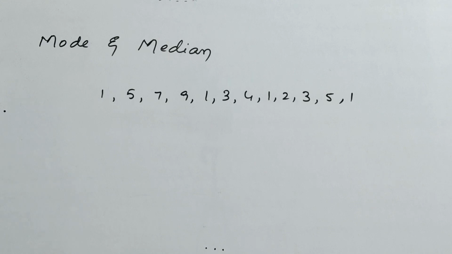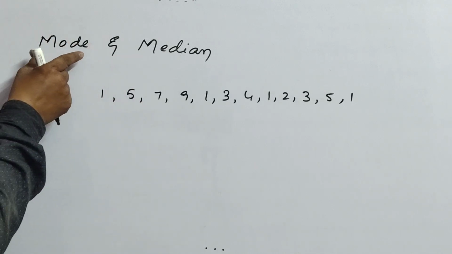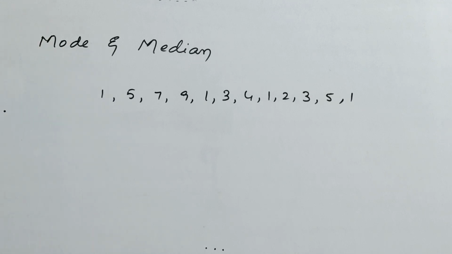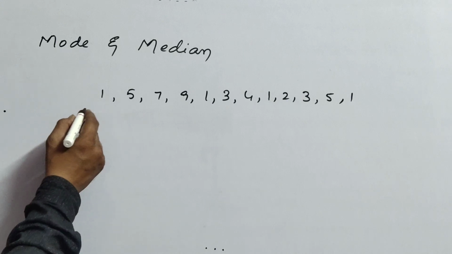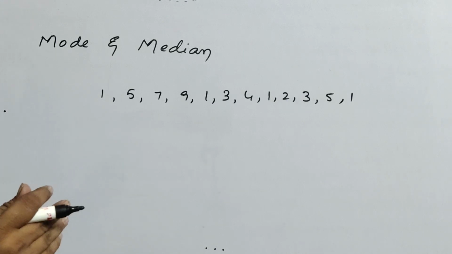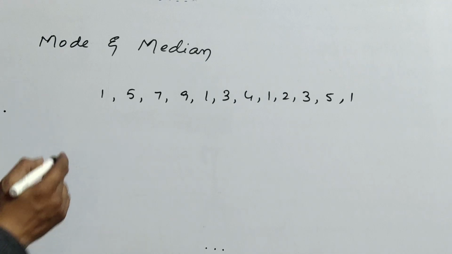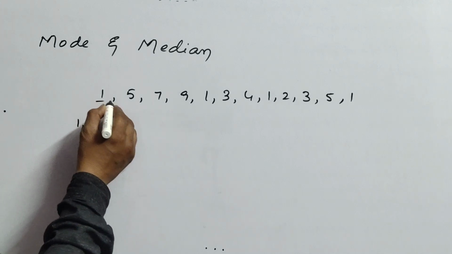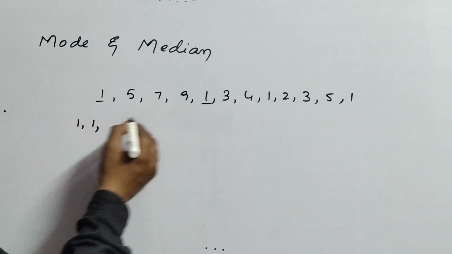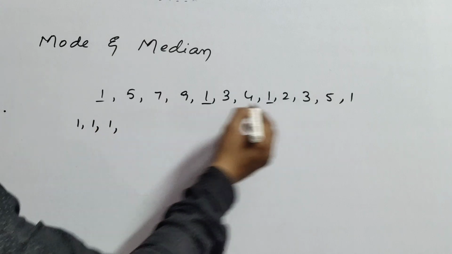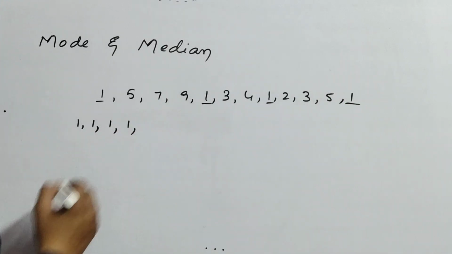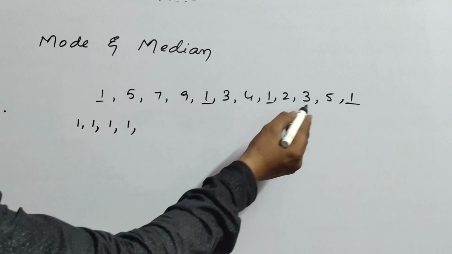First I am going to tell you about mode: how to find out mode from the given problem. First arrange in ascending order or descending order. Any order, no problem, but it is easier in ascending order, that means small to big. So 1, here also 1, and one more 1. So 1's are over.